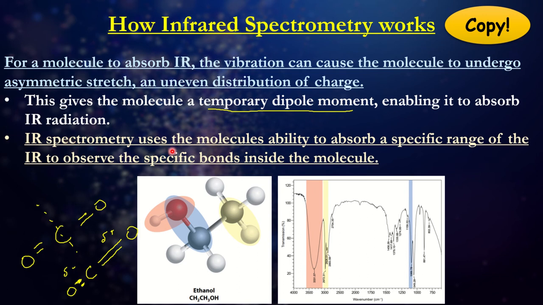Infrared spectrometry uses the molecule's ability to absorb a specific range of infrared radiation to observe the specific types of bonds inside. That could be the vibration, the number of bonds between atoms, or the functional group involved. You can see here with ethanol the different corresponding lines.